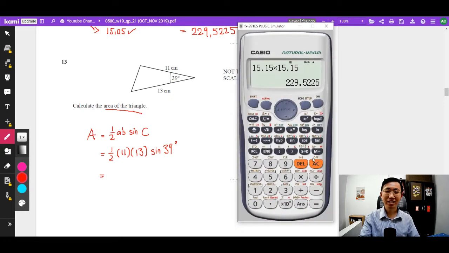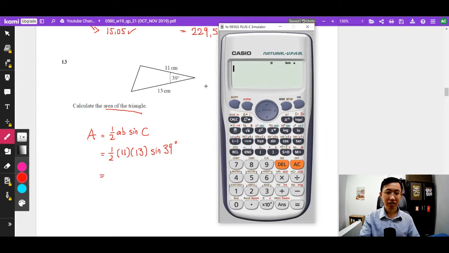Half, you can type 0.5 if you are not comfortable with fraction, times 11 times 13. I'm not going to be greedy, I press equal first. Multiply with sine 39. Close and equal. I can see a lot of numbers, so 44.996, copy that.